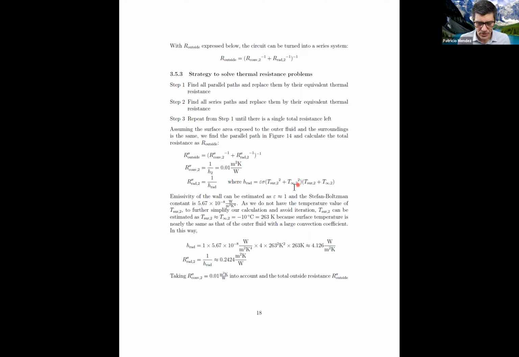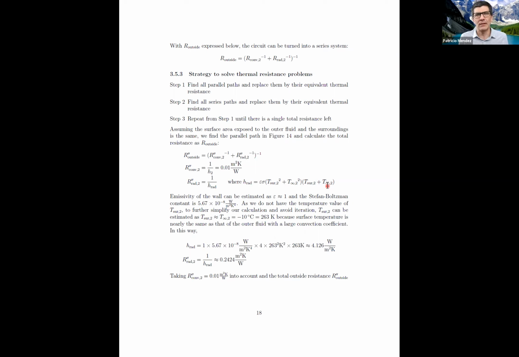And this expression is a killer because we needed the temperature of the wall. You see, it says, oh, here is a typo. It says T infinity. That's a typo. This should be T surface 2 and T surface 2 in here. But I don't know T surface 2. It's part of what I need to do.